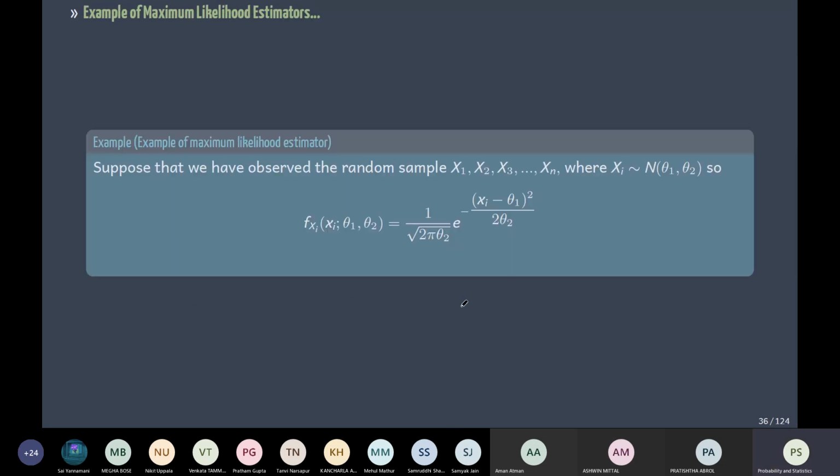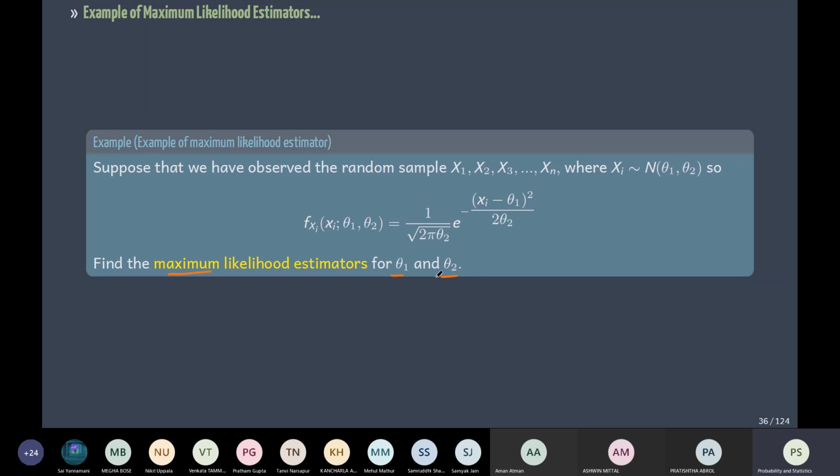Okay, so there is one more example of a maximum likelihood estimator. In this case, it's not the standard normal, but just a normal with theta 1 and theta 2. The PDF is given for the normal distribution, we know. And the question is to find the maximum likelihood estimator for theta 1 and theta 2.